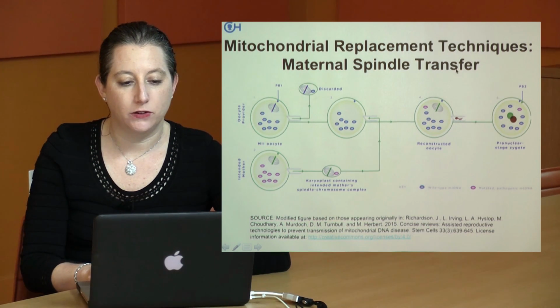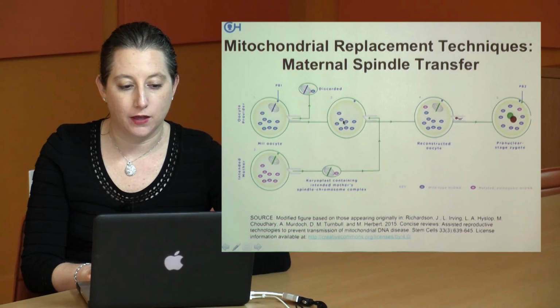What's happening in the instance of maternal spindle transfer is that in these two oocytes, there is manipulation of what's considered the maternal spindle or the nuclear chromosomes. And so what happens is in the donor, you remove and discard her nuclear DNA, leaving only a karyoplast or the remnant with only her mitochondrial DNA, which was presumably healthy.